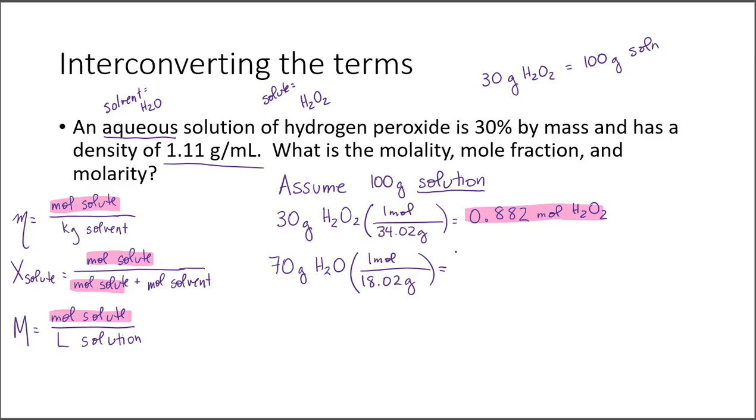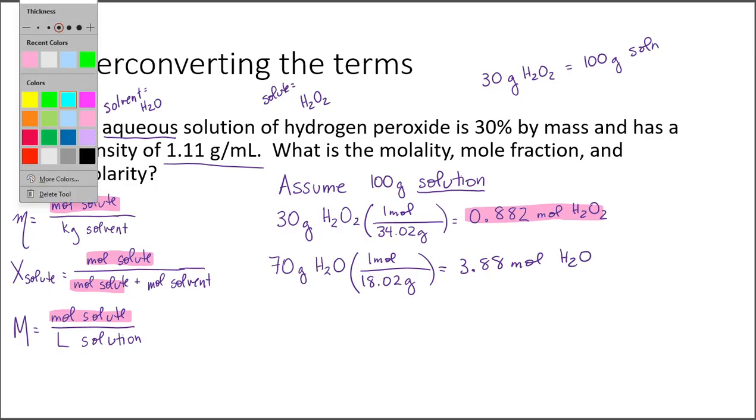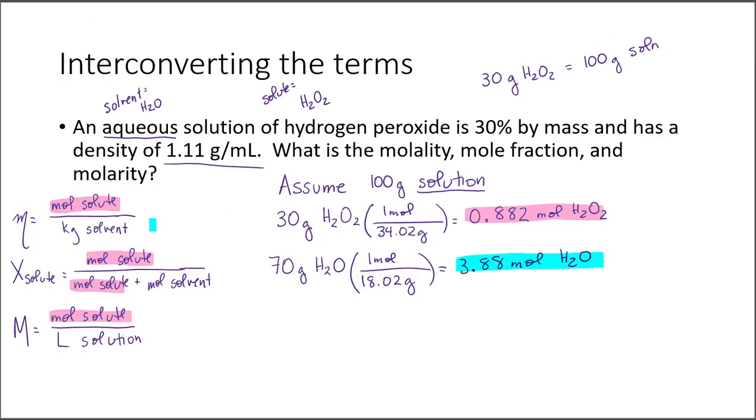I'll solve for mole fraction. This is 70 divided by 18.02, 3.88 moles of water. All right, I'm going to highlight this in a different color. That's going to be here. All right, so now we have our pink for all of the things. We've got our bright blue for one of the things.